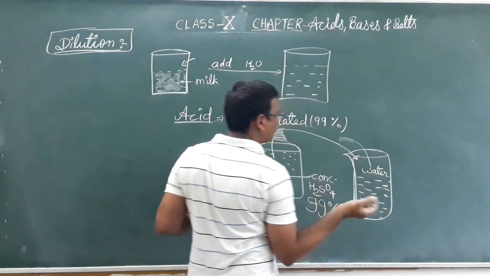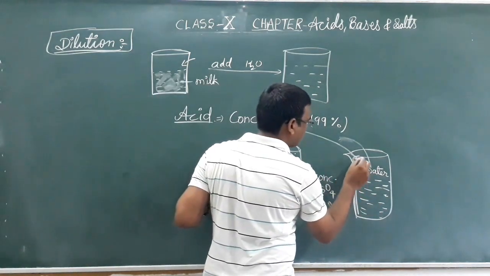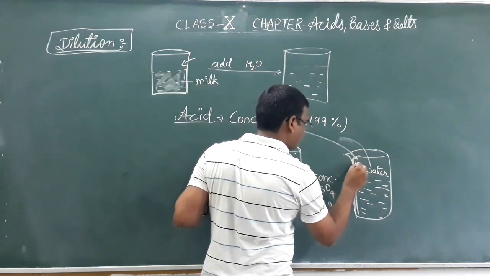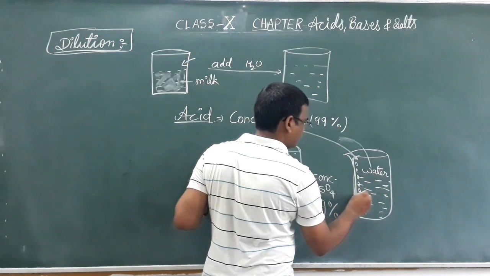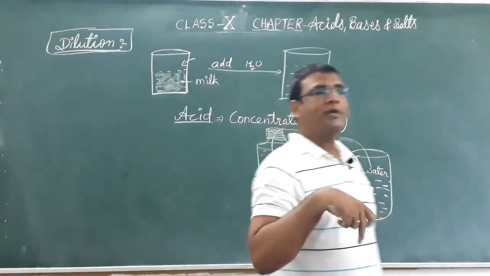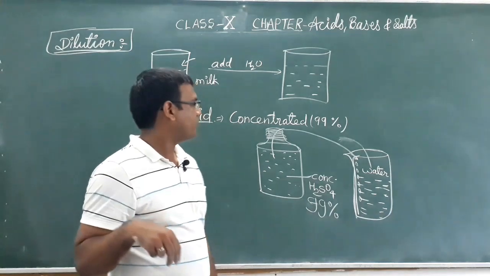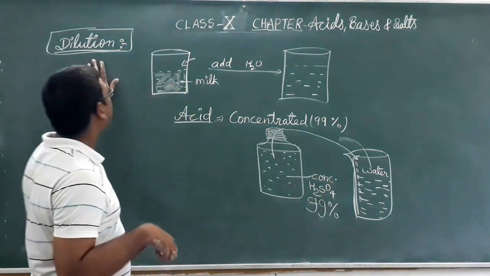How much amount, that is calculation, that is a different thing. Now you have to pour this acid drop by drop, and then you have to mix it, you have to swirl or stir the mixture. Okay, so this process is called dilution.